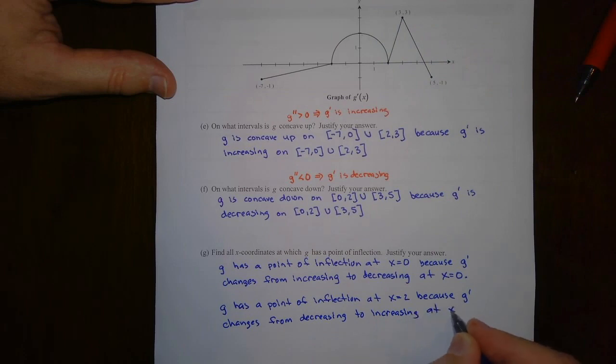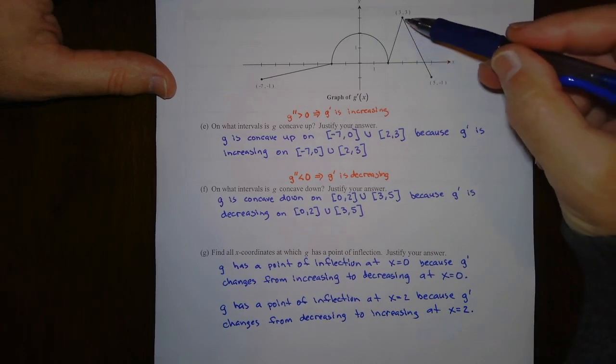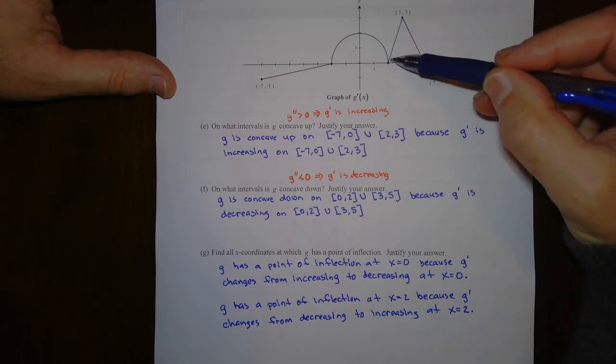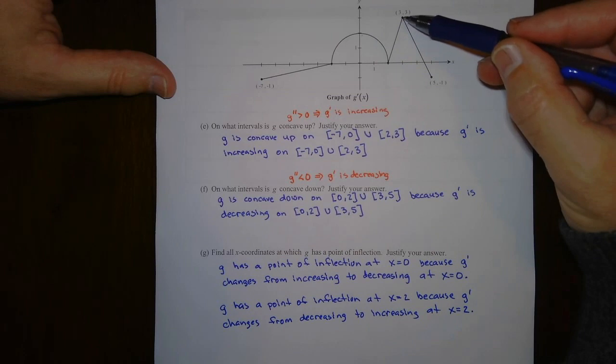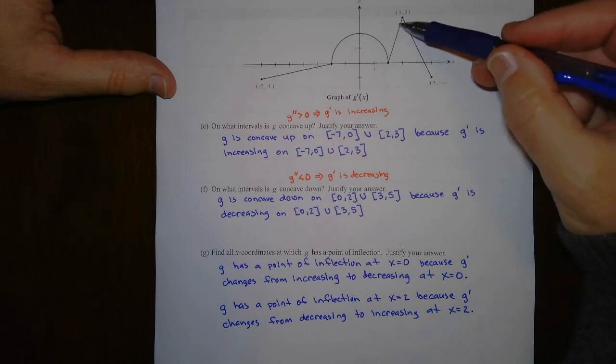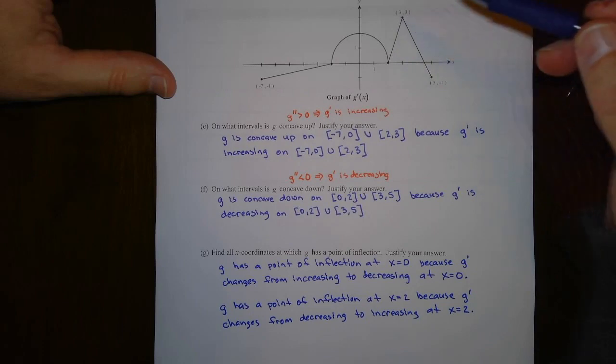And then there's another one at x equals 3 because we're changing from increasing to decreasing, and that would mean the second derivative is changing from being positive to being negative right here at x equals 3.